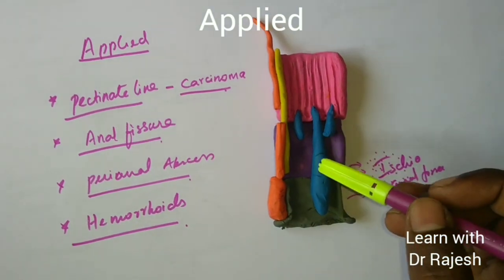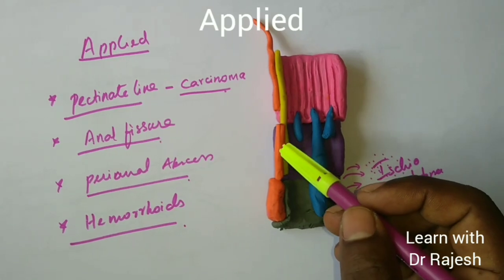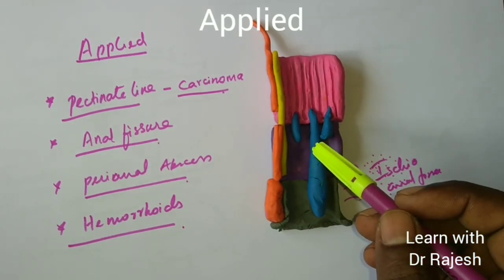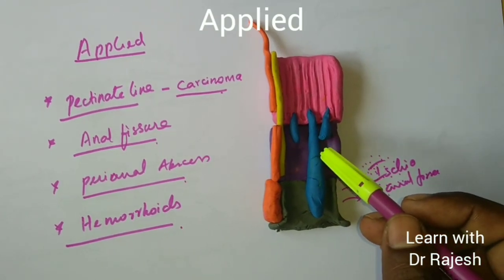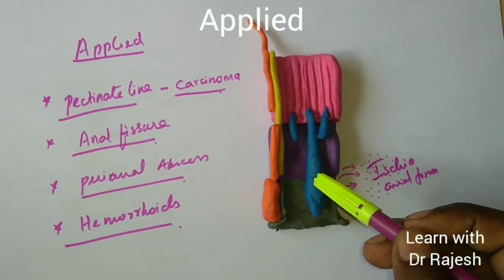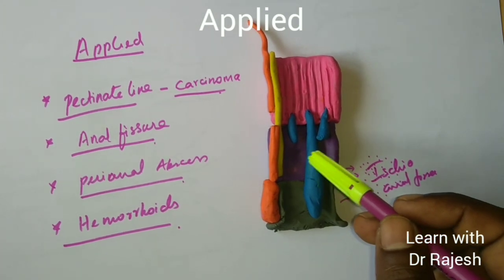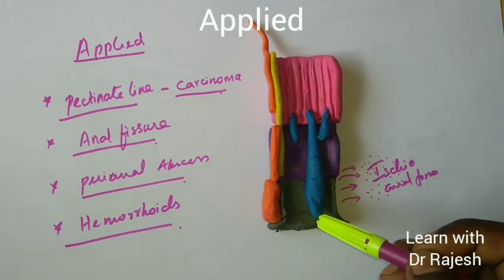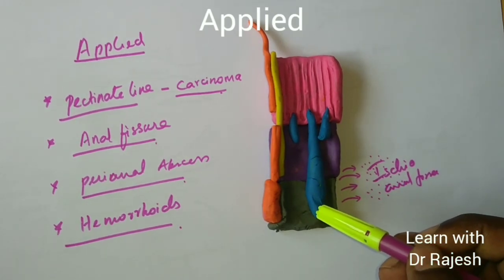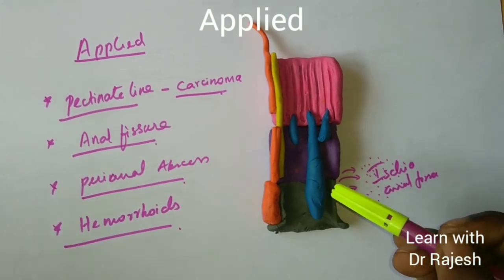So when it projects down, sometimes it can get contracted or constricted by the anal sphincters. When it is constantly getting constricted by the anal sphincters, it can go in for strangulation or ulceration. Strangulation is nothing but the compression where the blood supply will be cut off, and ulceration is nothing but the wounds or injuries happening along the hemorrhoidal mass.